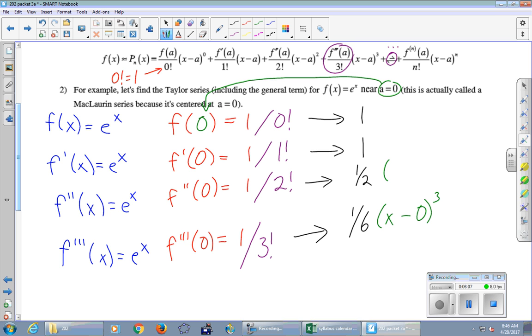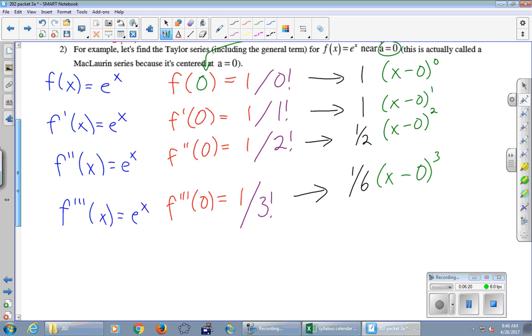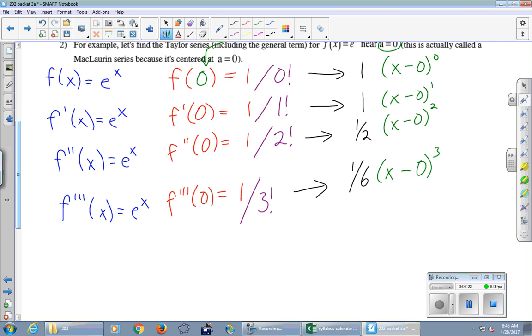Whoops. So that's multiplied by x minus 0 squared, and x minus nothing to the first, and x minus nothing to the 0. And all we have to do is put plus signs between those terms, and we've got our series, right? So we'll do it down here. E to the x equals, first term simplifies quite a bit.